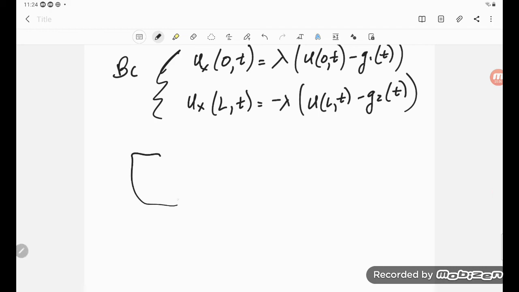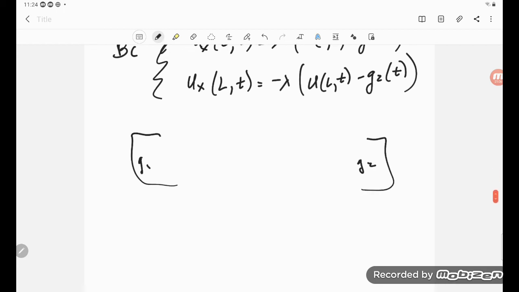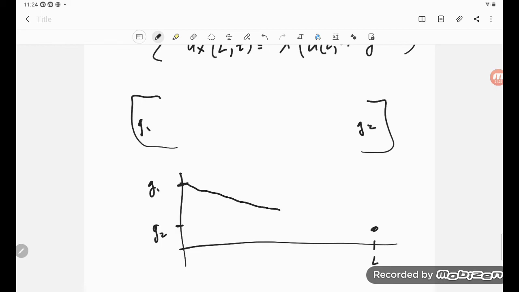So you've got a constant temperature here, maybe of G1, constant temperature in this bath of G2, then over time you would expect, we'll make everything positive here, so there's G2, up here's G1, put L here, then in the long run we should see our straight line like that.